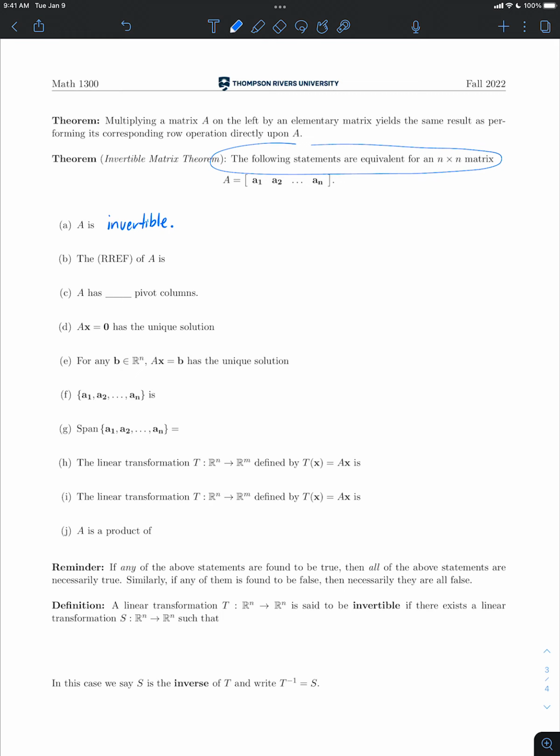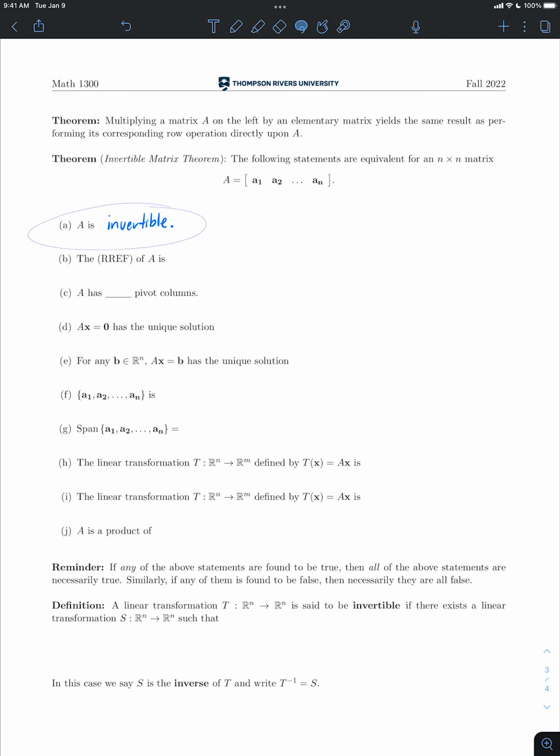You're saying that all of these statements are either all true or all false, which is a really powerful thing to observe. That means if you can show that one of these statements is false, every other statement in the list is also false. And if you can show that one of the statements is true, every other statement in the list is also true. And some of them might be easier to prove either true or false than others. So that's where the power behind these theorems comes from.